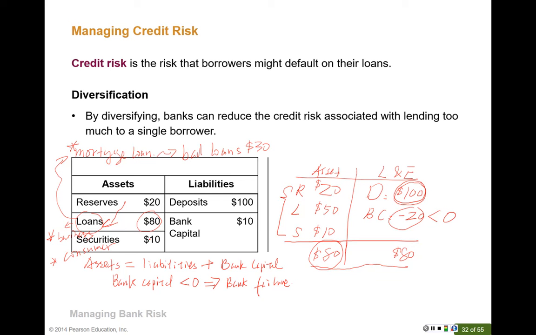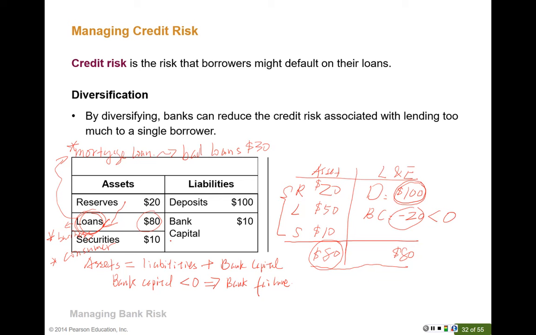Banks can also diversify their loans geographically. Some of the loans are lent out to, suppose, Arkansas, and some to Oklahoma. So even if the economy of Arkansas collapses, the bank still has some loans that can work in Oklahoma. So there are many different ways a bank can lend out or diversify loans.